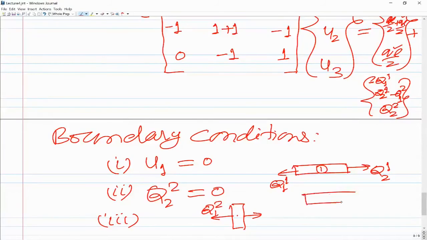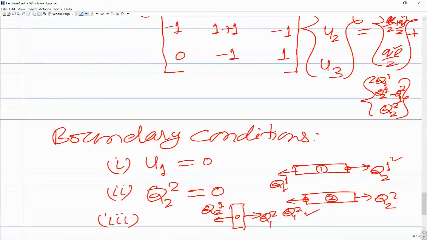When you talk of element number 2, this side we have q12 and this side we have q22. So this is a common node which we are talking about. So at node 2, opposite of this, I'm sorry, this is q21, not q12. So this is q21, and opposite of q12 is going to act this side, so this will be q12.